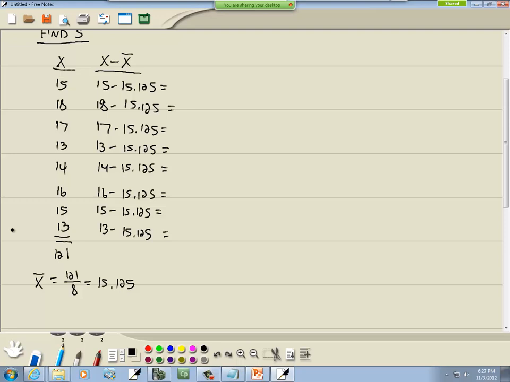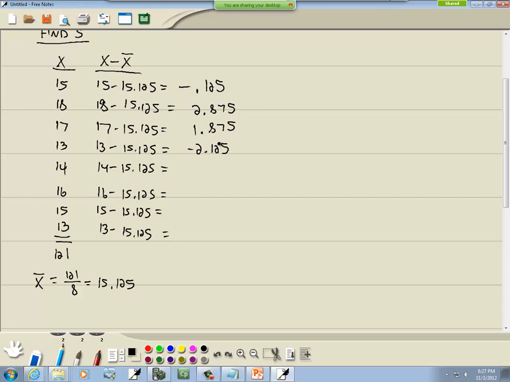15 minus 15.125 gives us negative 0.125. And 18 minus 15.125 is 2.875. 17 minus that is 1.875. 13 gives us negative 2.125.